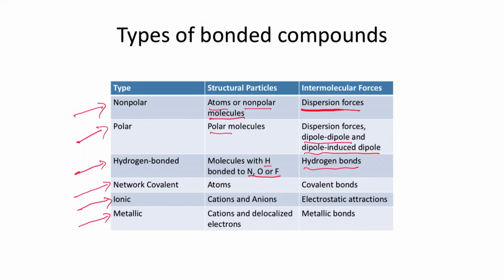And so what happens in these metallic bonds is you have not actually atoms, as you might expect, but cations and delocalized electrons. So what does that mean? Well, let's pretend that you had, I don't know, silver, atomic silver. If you had a piece of silver in your hand that was metallic, you wouldn't actually see little silver atoms in there.